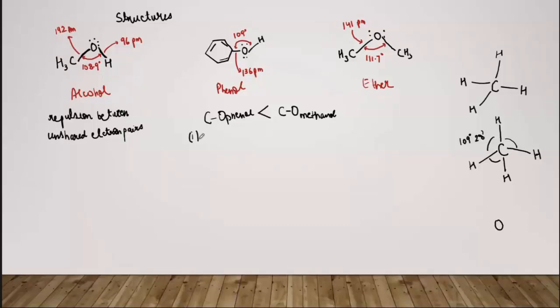Because of resonance. So I'm drawing the resonance structure. Suppose this is OH, these are the lone pairs, and this is phenol, the benzene ring. You know what happens in resonance: if a lone pair is present on the substituent or the functional group, then this lone pair will go here and the double bond electrons, or the pi electrons, will come here.